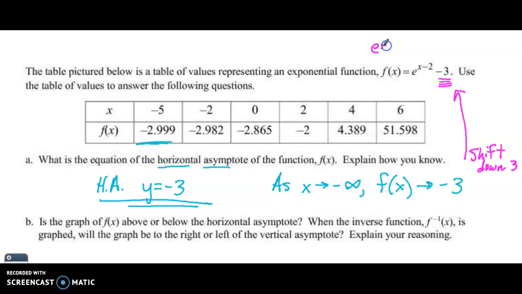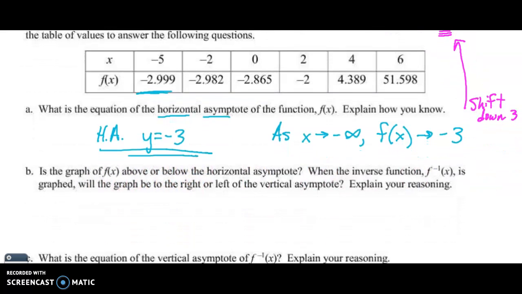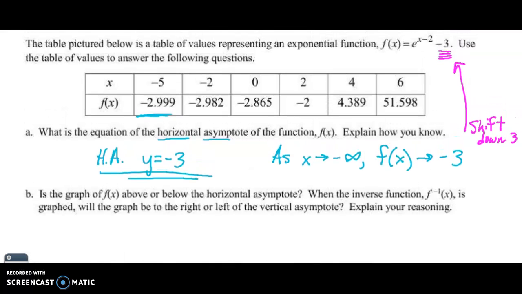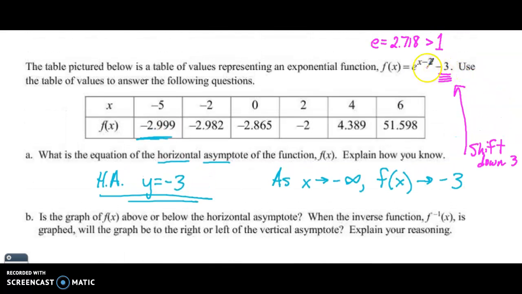Just a reminder that e is about 2.718. It's greater than 1, so this should be an exponential growth function, shifted right 2, down 3, which I might actually answer this question next. So I guess I did kind of answer it.